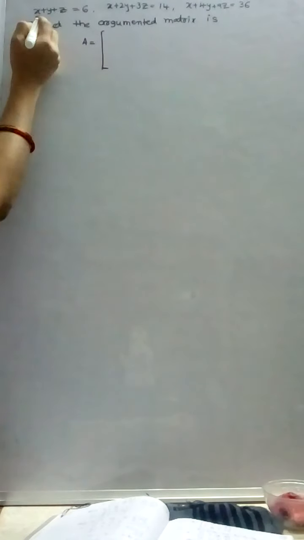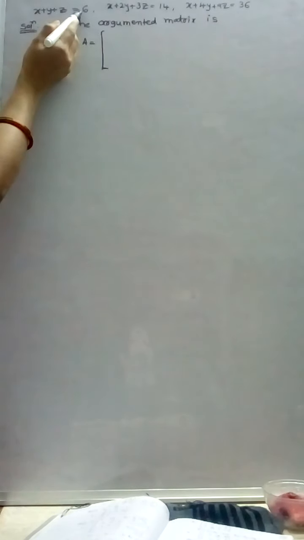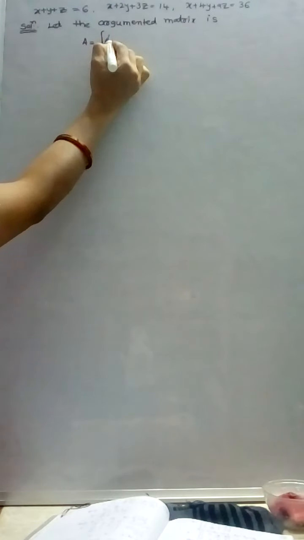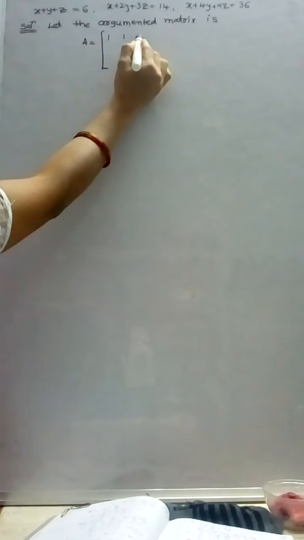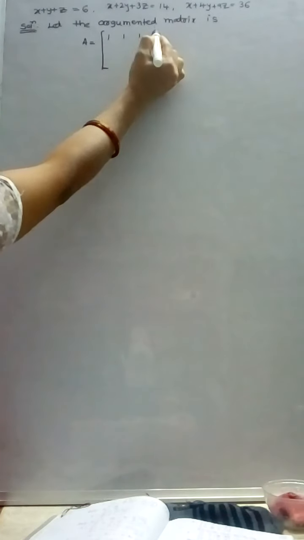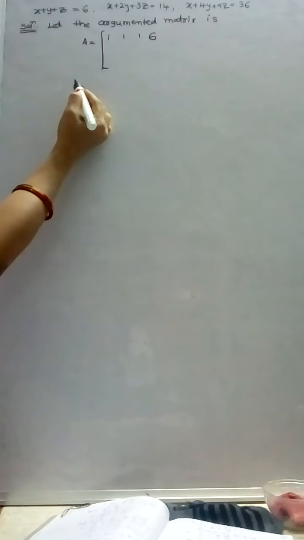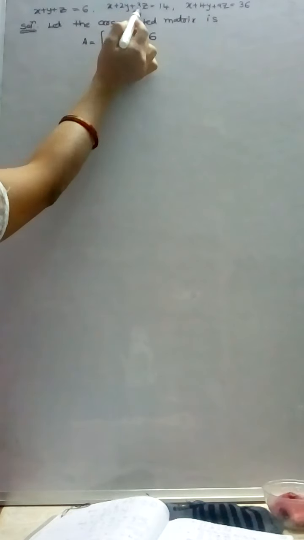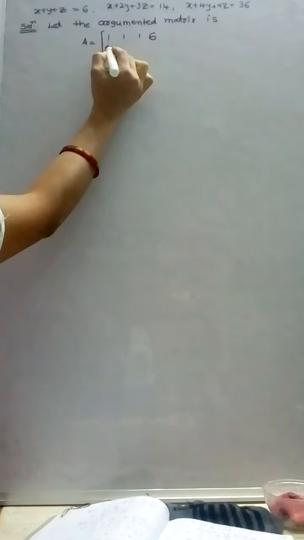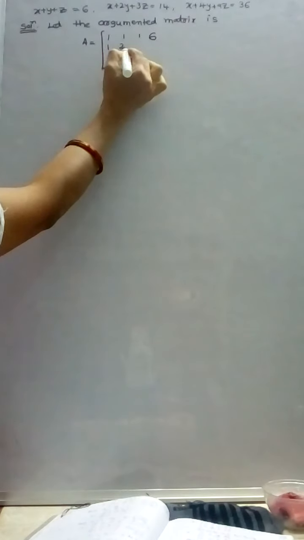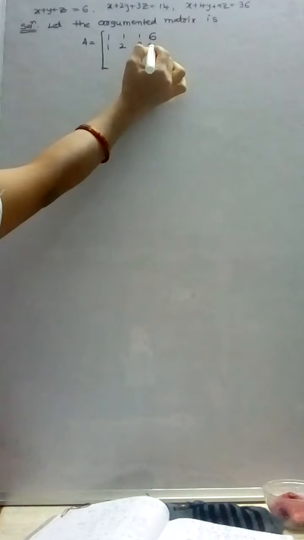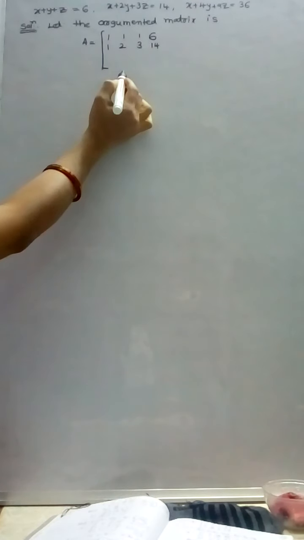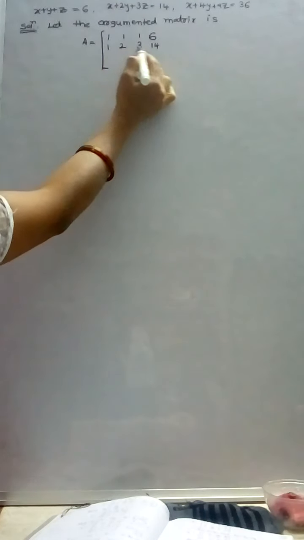This is taken from the first equation as the first row: the x coefficient 1, y coefficient 1, z coefficient 1, and constant 6. Next, from the second equation, the x coefficient 1, y coefficient 2, z coefficient 3, and constant 14 is taken as the second row.